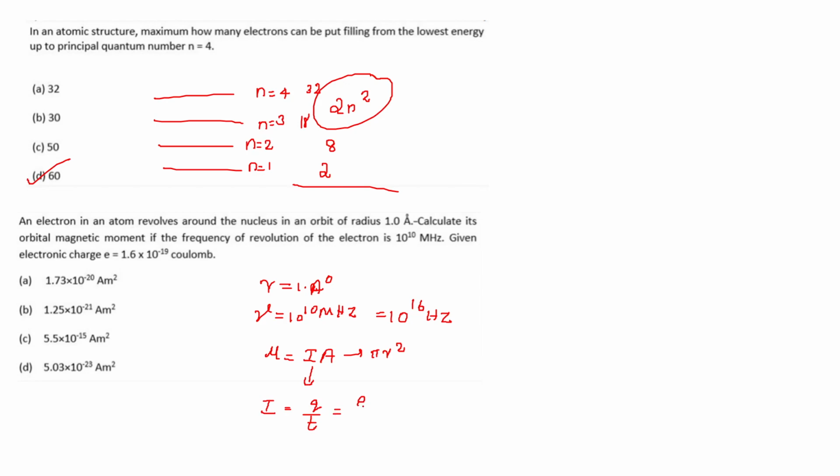Here charge is e, and 1 over time is the frequency, that is 10 to the power 16 hertz. So given the frequency, that's e f. That will be the current.